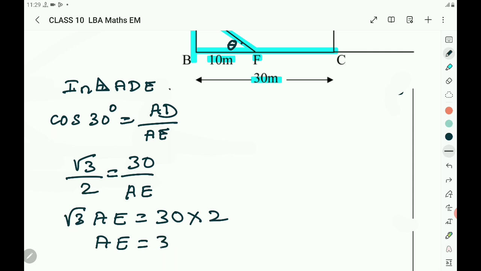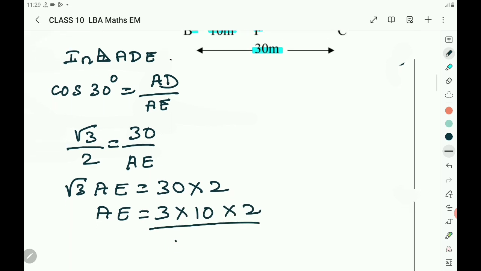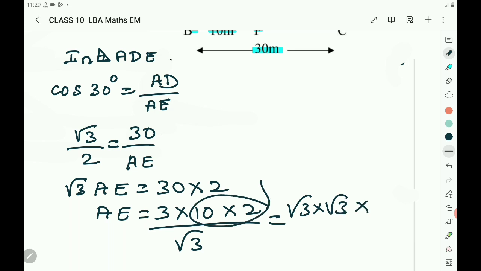Then you write 3 into 10 into 2 by root 3, and 3 can be written as root 3 into root 3, into 10 into 2 is 20 by root 3.